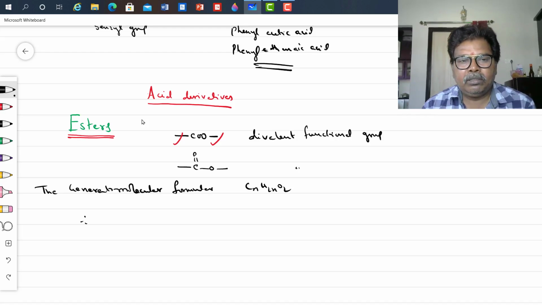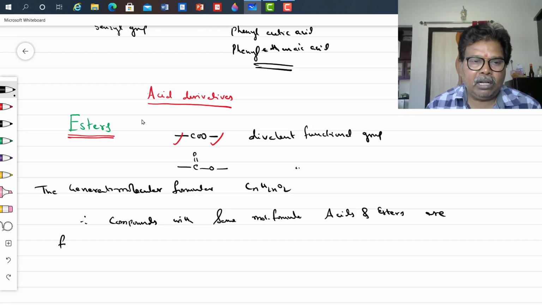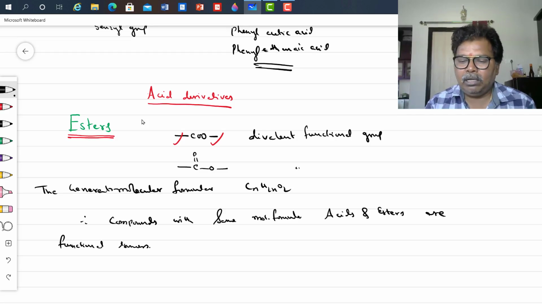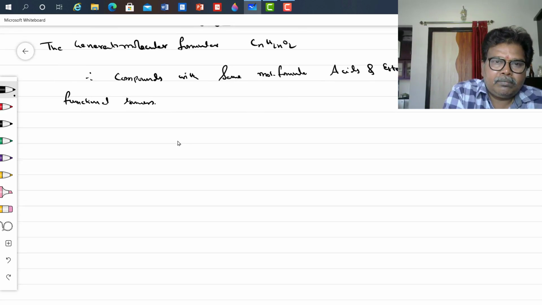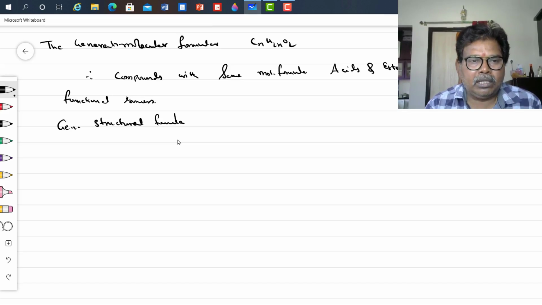So therefore, compounds with the same molecular formula, acids and esters, are functional isomers. Now, the general structural formula.